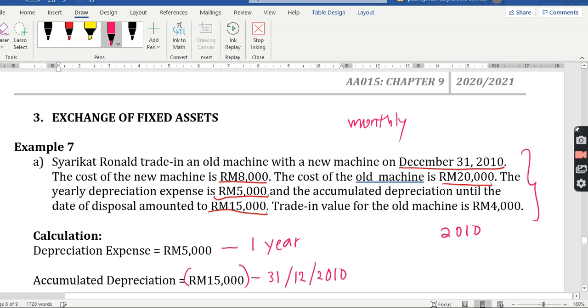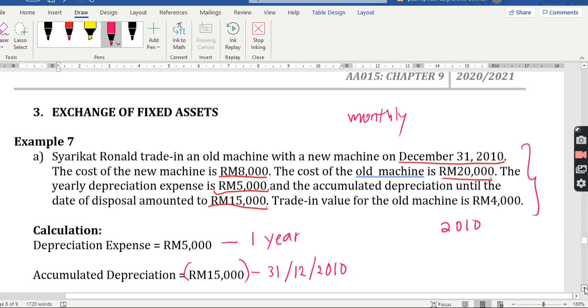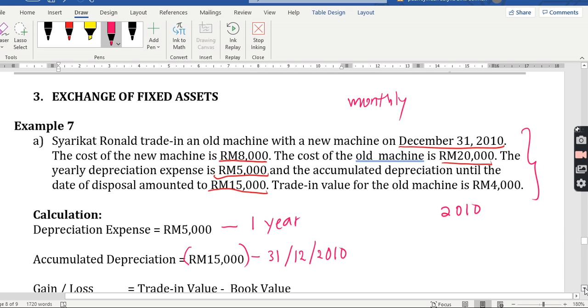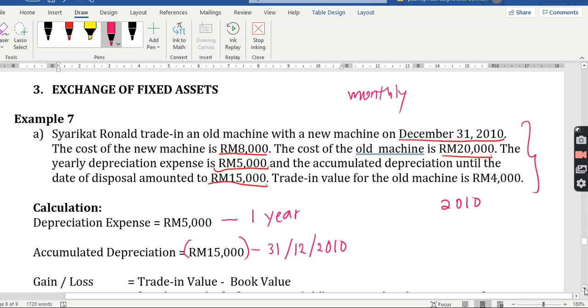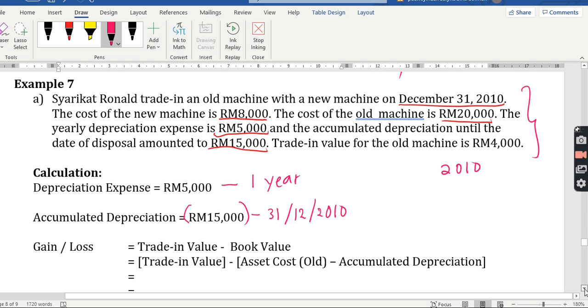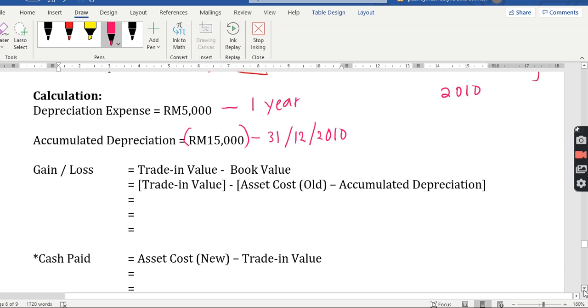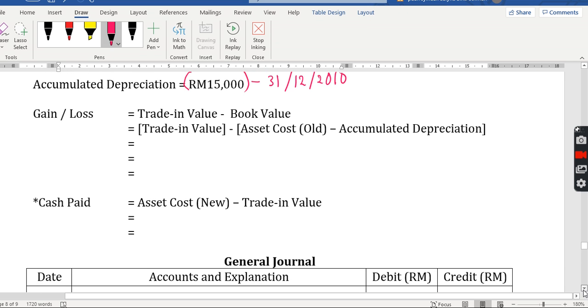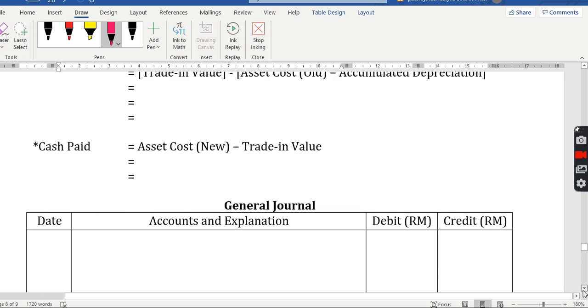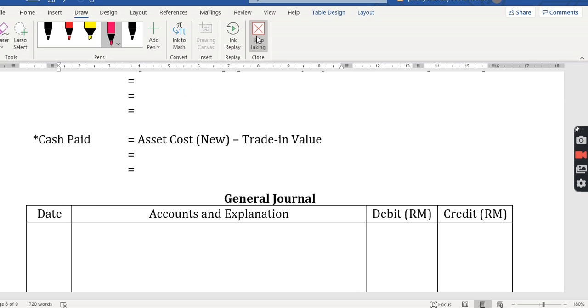So bila belum declare, that amount tidak akan dimasukkan ke dalam accumulated depreciation. So when we are using monthly basis, before we journalize the transaction for disposal, the first thing you need to catat is the journal entry for depreciation expense.